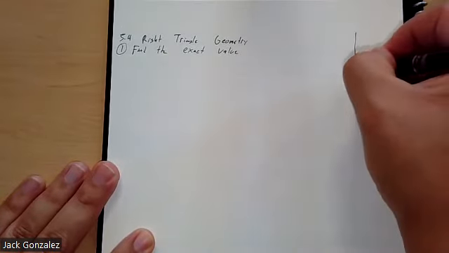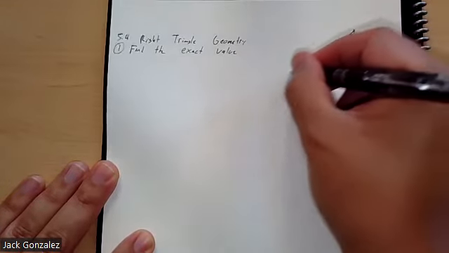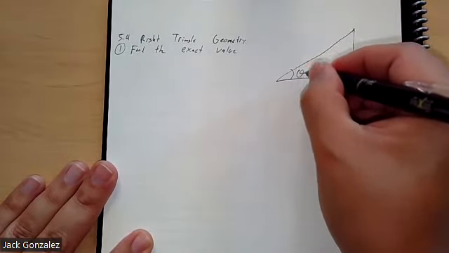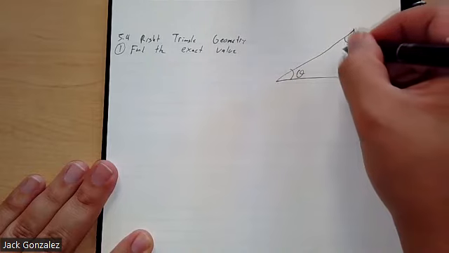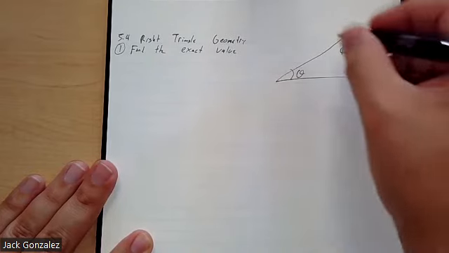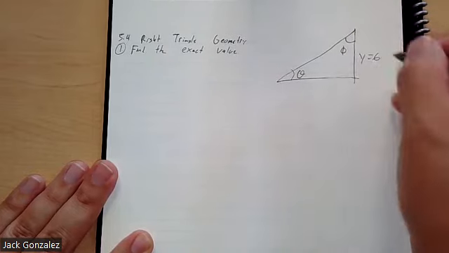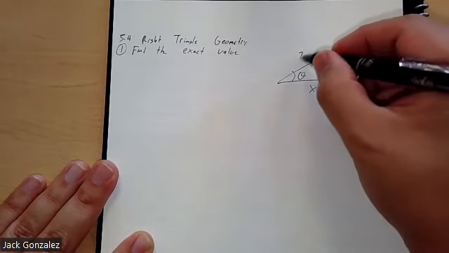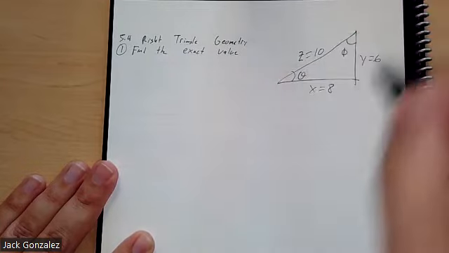So if I give you the triangle right here and tell you to find all 6 trig functions. Here's theta. Here's lowercase phi. Y is 6. X is 8. Z is 10.